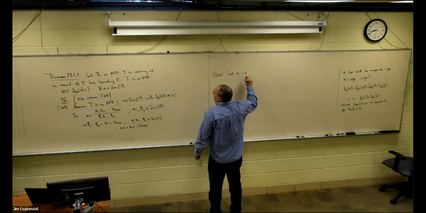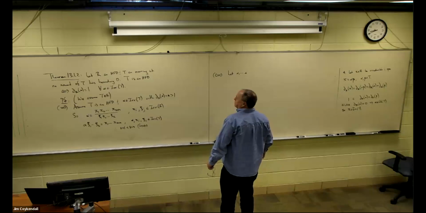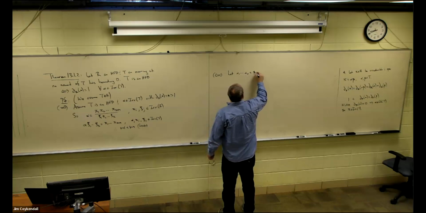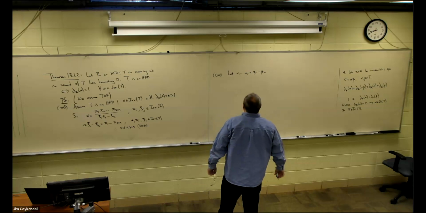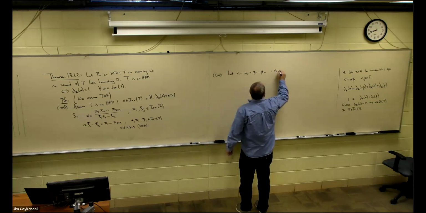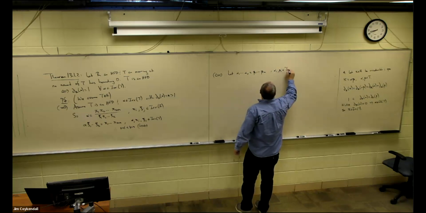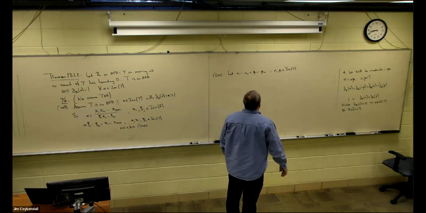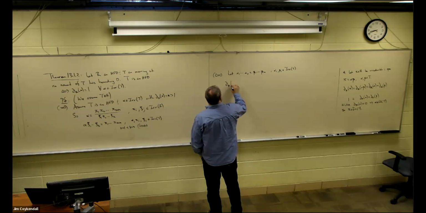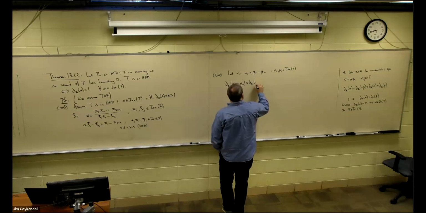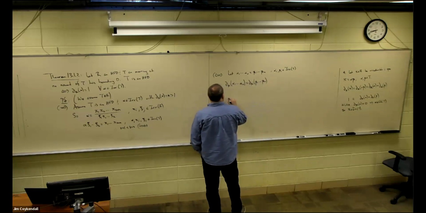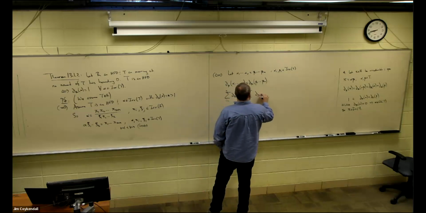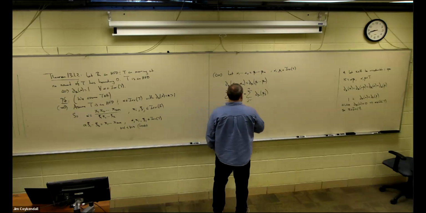Let alpha 1 to alpha n, beta 1 to beta m be irreducibles in T. So applying the sum, and since each of these is 1, I get n. There we go.